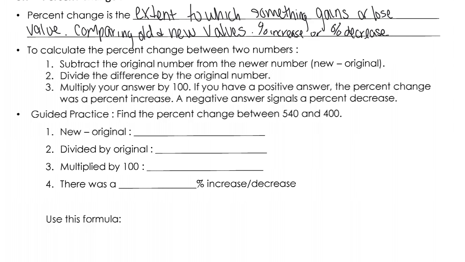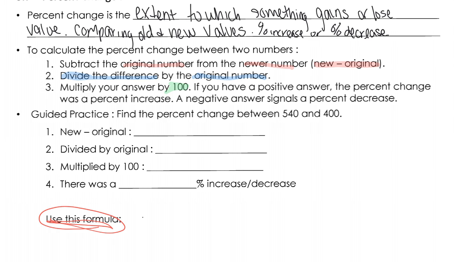So to calculate the change between two numbers, you subtract the original from the new. So we do new minus original, divide the difference by the original, and multiply by 100. Down here where it says use this formula, let's write that out.